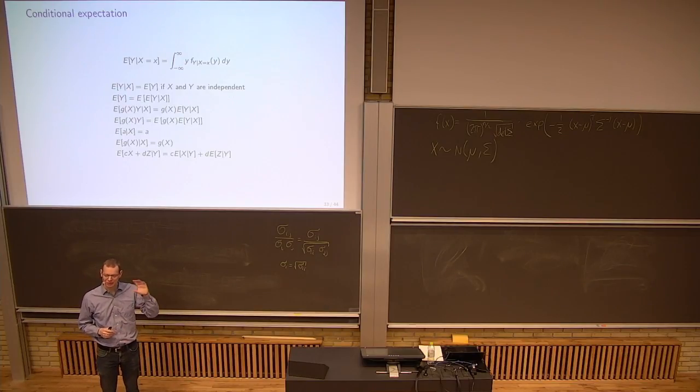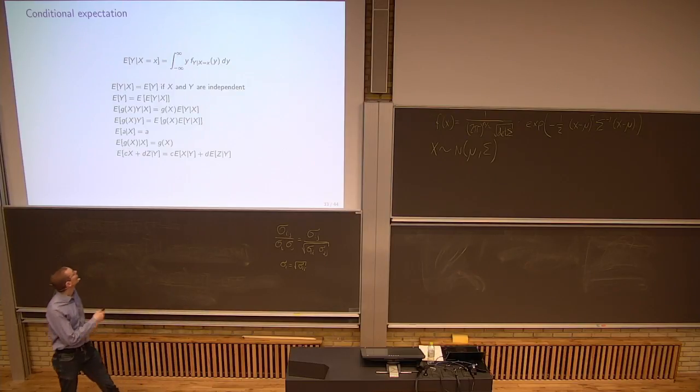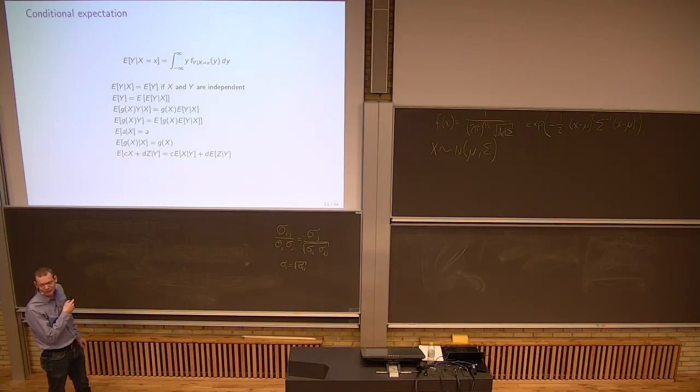If you take the expectation of something that is totally independent of something else, whatever that something else is doesn't matter. Second one, this is one of the things that you have to think about. What is actually the meaning of this? The expectation of y given x here is a function. Look at what you have up here.